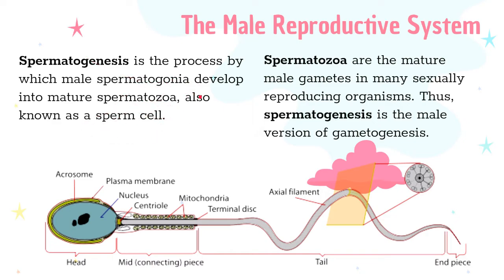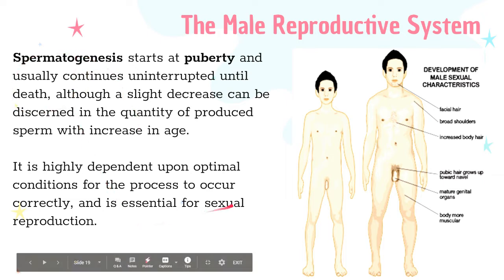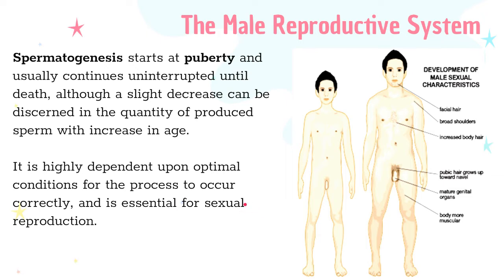Although there's a slight decrease in the quantity of sperm cells produced as the male ages. Spermatogenesis is highly dependent upon optimal conditions for the process to occur, and it is important for sexual reproduction. When we go to our lesson in the second quarter, sexual reproduction, you will see the importance of spermatogenesis.